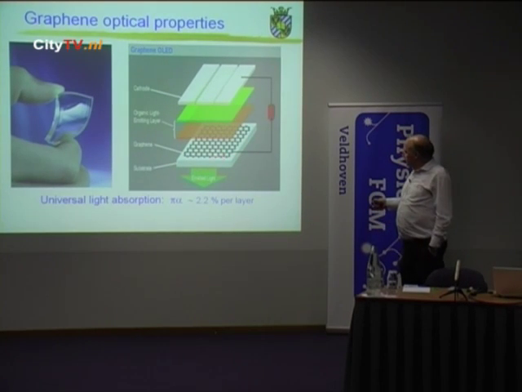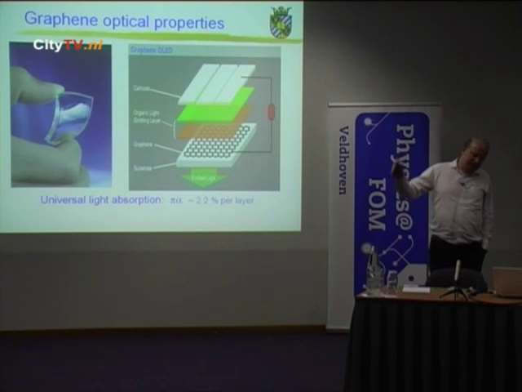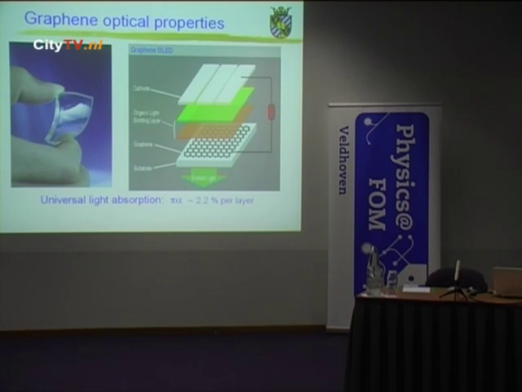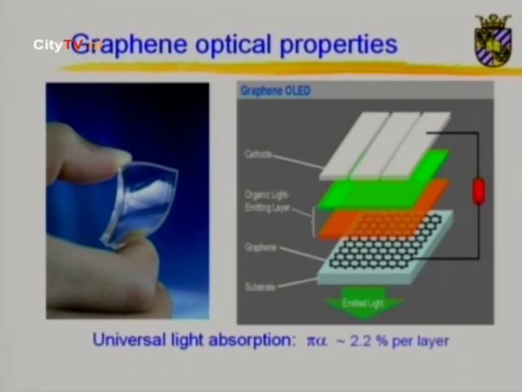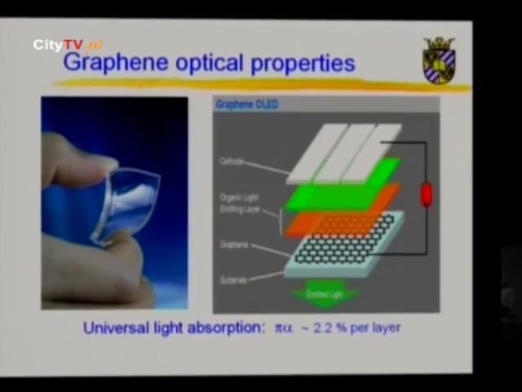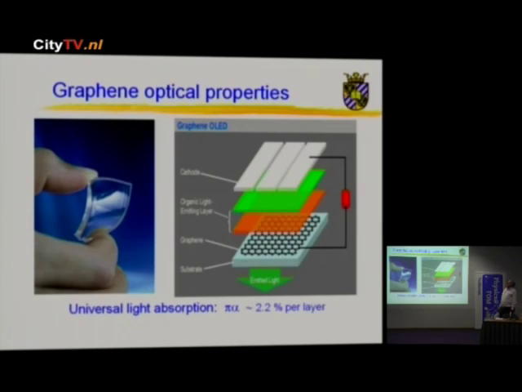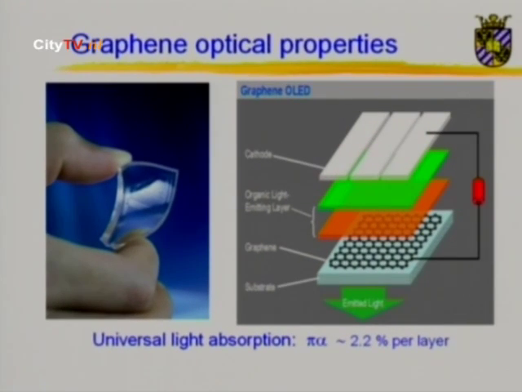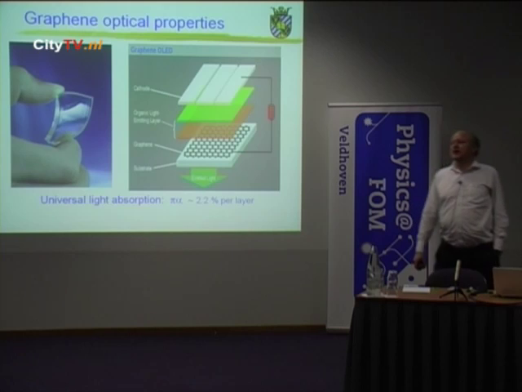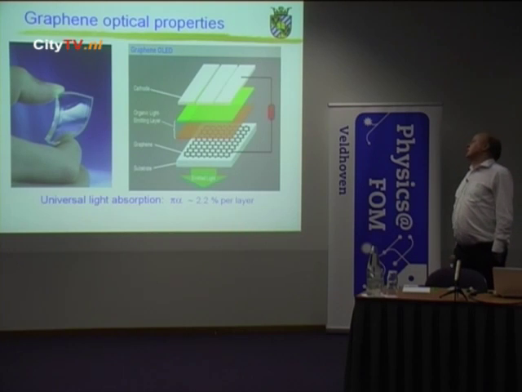As we've shown, it has a very nice aspect, which is a universal light absorption. Universal means that the absorption of light in a specific regime, so not UV and not infrared, but somewhere in the light regime, is given by pi, which is well defined, times alpha, and alpha is the fine structure constant, typically 1 over 137.